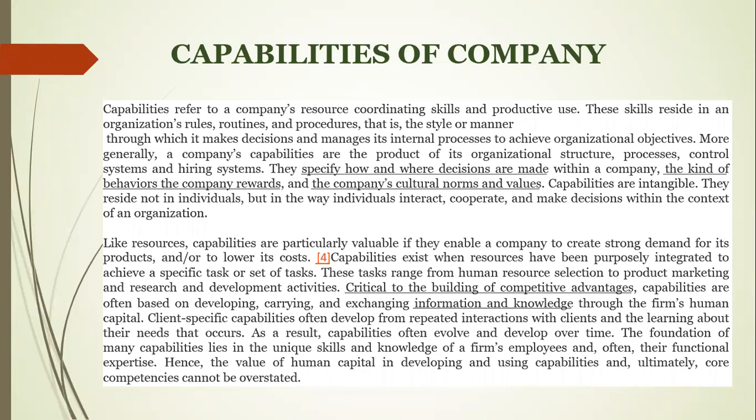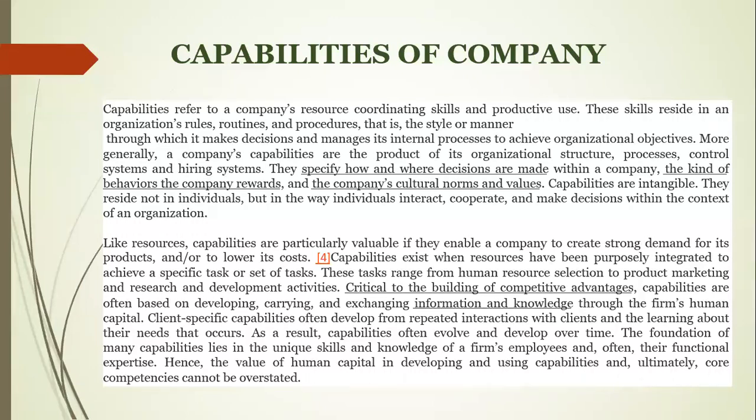So the way an organization uses its resources, or the ability of an organization to use its resources, can either make the company or break the company. If the organization does not have the ability to use them effectively, things go wrong.